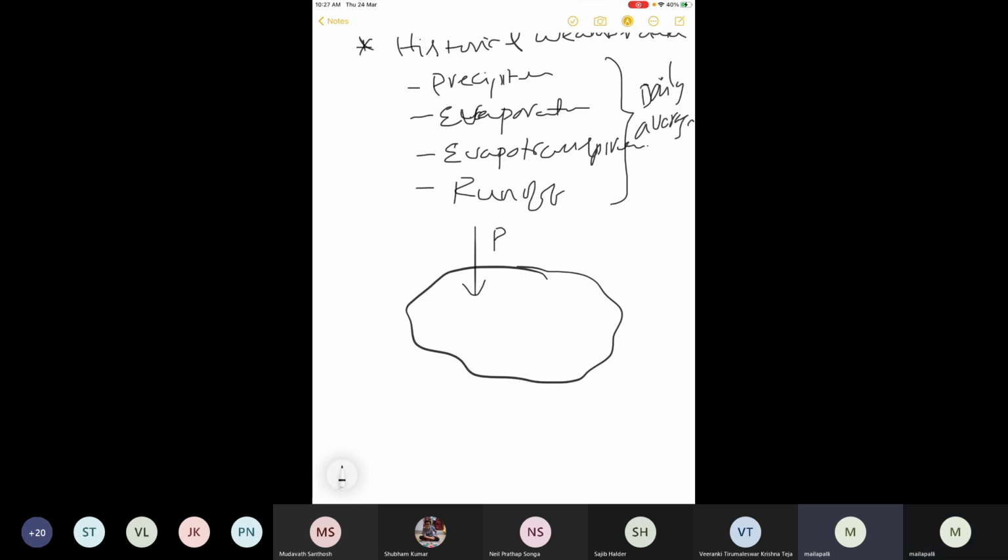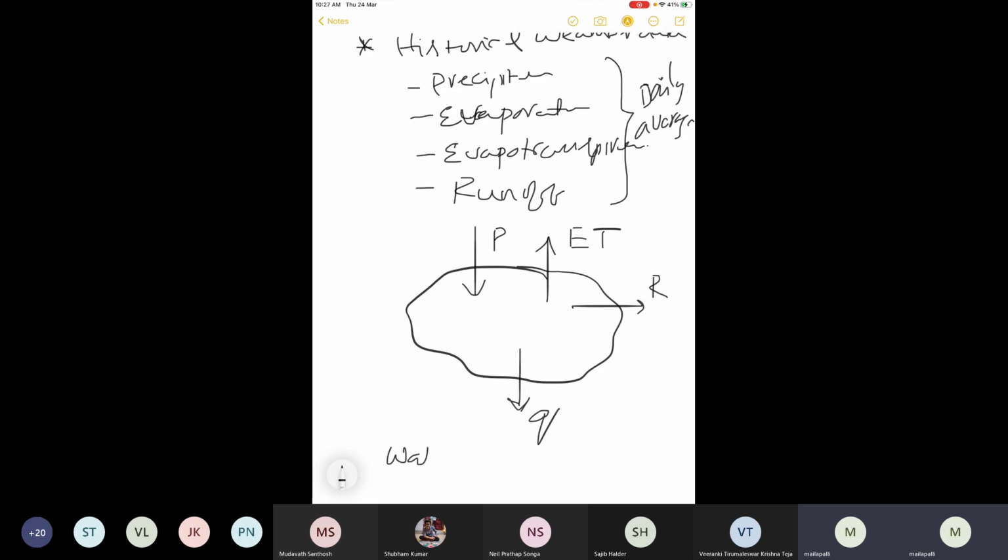So the precipitation and the evapotranspiration if you have a crop, or evaporation if you don't have a crop. And then what is the runoff? And then you assume that this is the drainage.